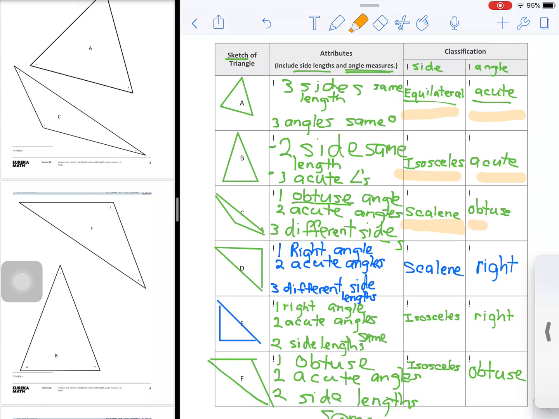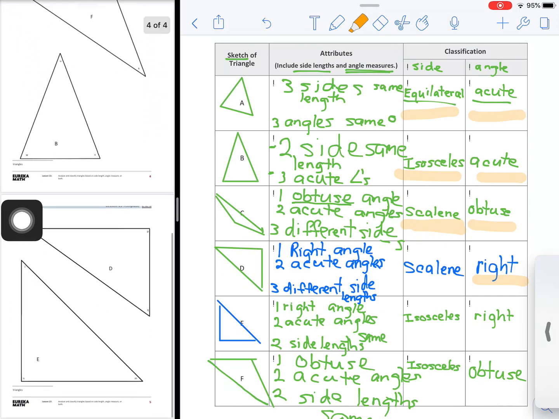And by angles, they can be obtuse or right or acute. So when you classify your triangles, you're looking at the length of the sides and the size of the angles, whether they are smaller than 90 degrees, which is acute, larger than 90 degrees, which is obtuse, or if they are exactly 90 degrees, which is a right triangle.